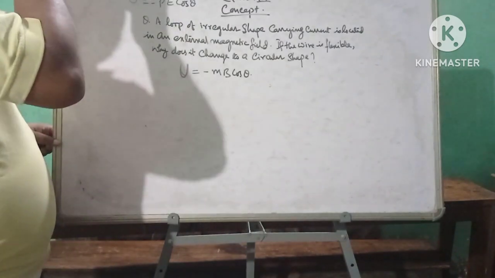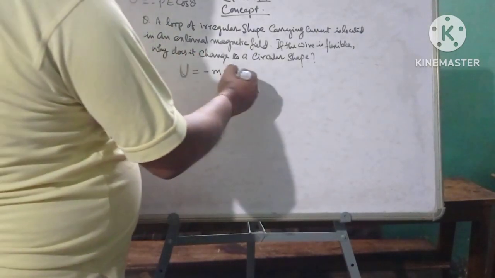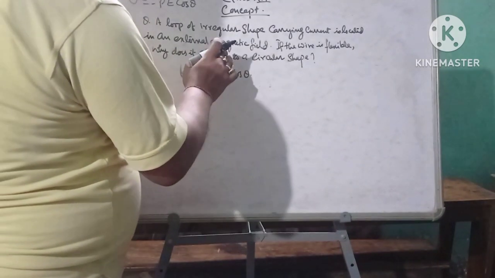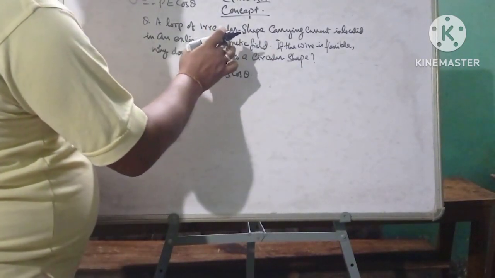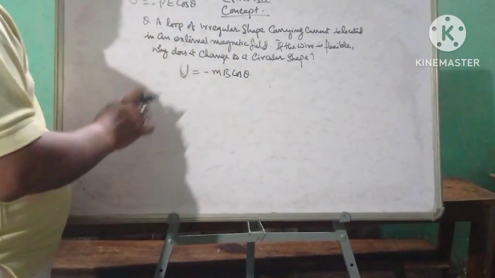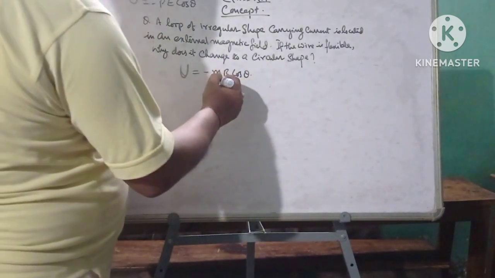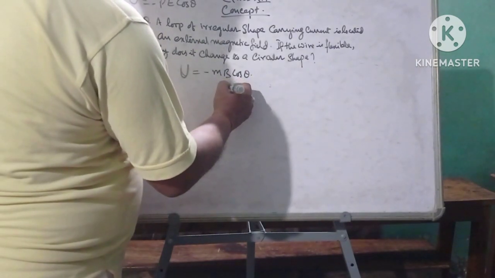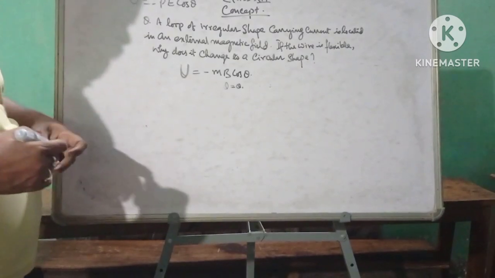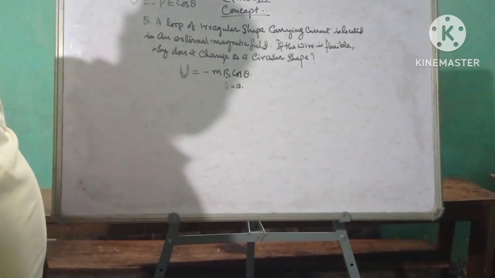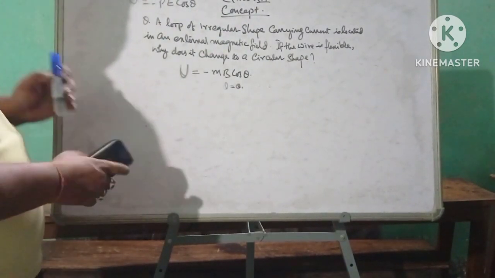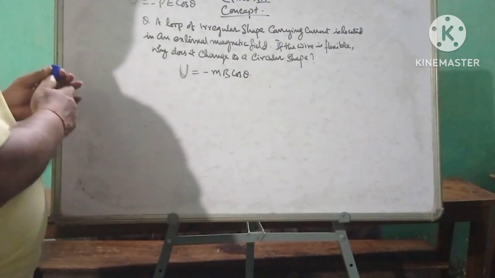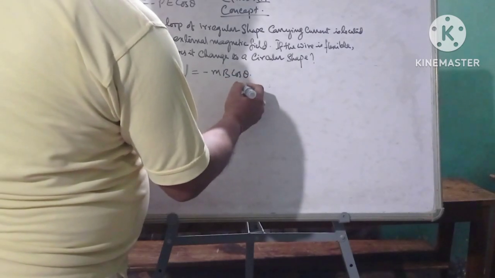So here this circular loop will try to align itself in the direction of the magnetic field, that is, theta is equal to 0.